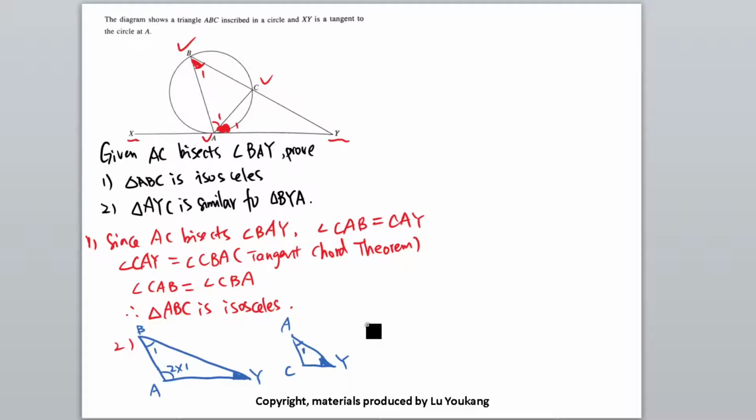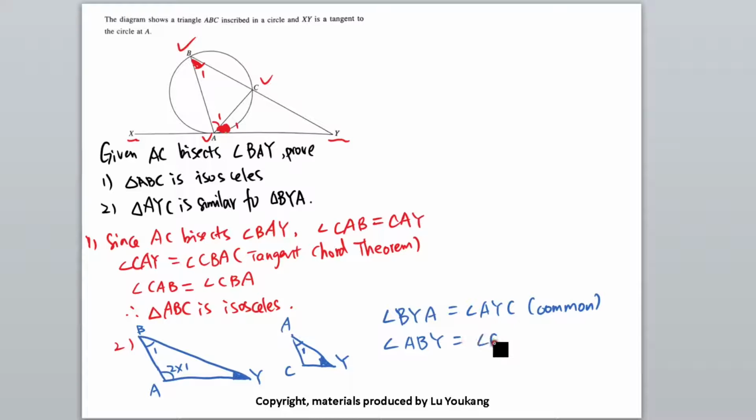So as you can see, I have matched them point by point, and I can see that they have two angles equal. The first one is my angle BYA is equal to my angle AYC, and this angle is common among these two.